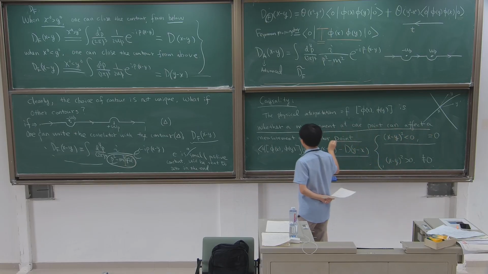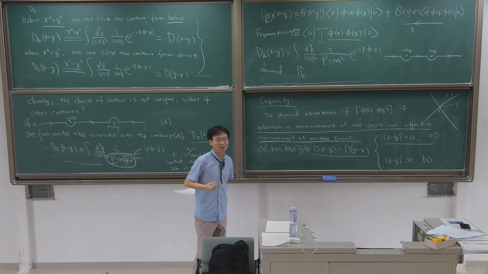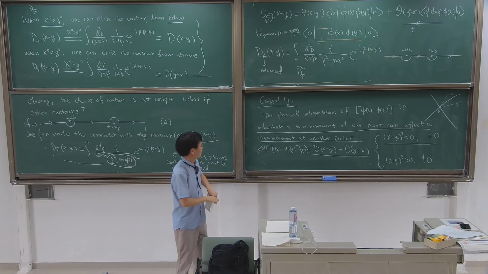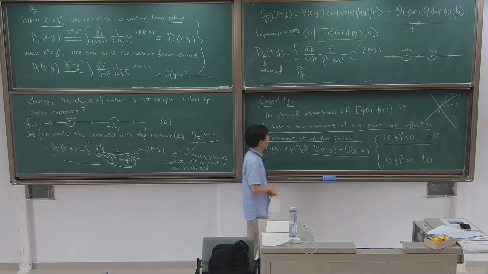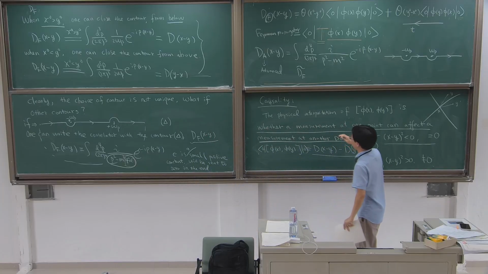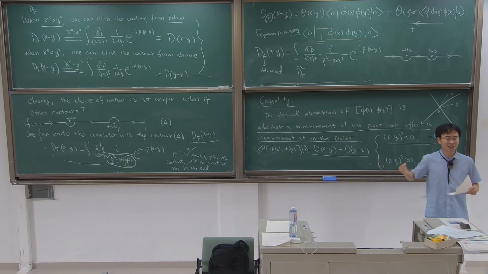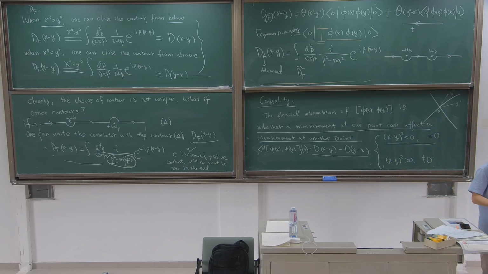Commute means what? Commute means these 2 measurements. This is a little not so precise, but the measurement here essentially means that you act an operator on this. We know all the physical observables in quantum mechanics are related to operators, Hermitian operators, real operators.